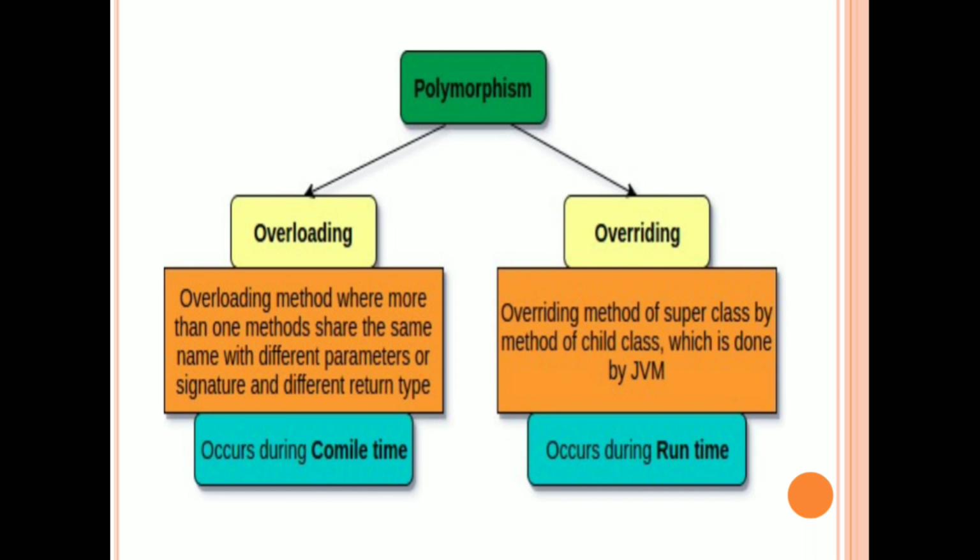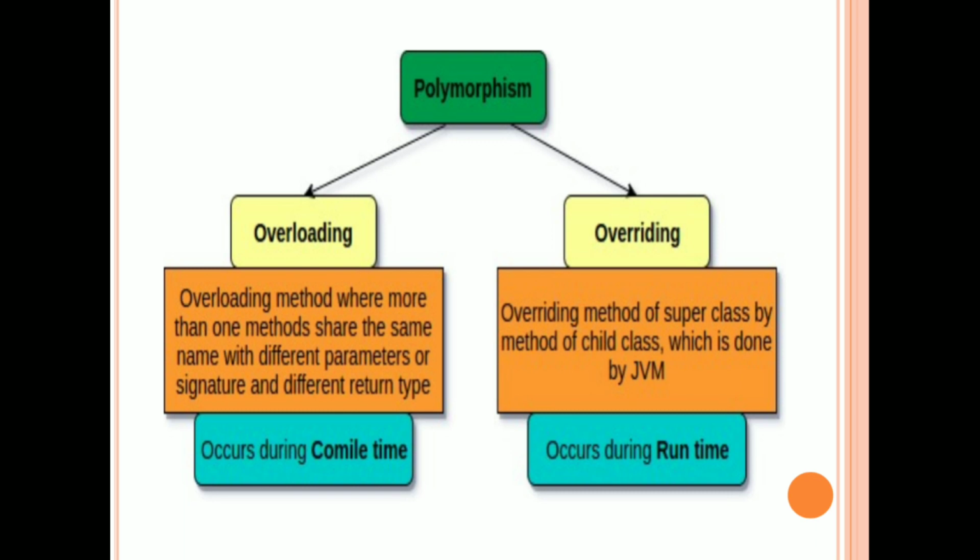Overloading is a compile time polymorphism. Why? Because overloading of methods can occur at compile time. This is called compile time polymorphism, and overriding comes under runtime polymorphism. That is, overriding a method of a superclass by the method of a child class takes place at runtime.